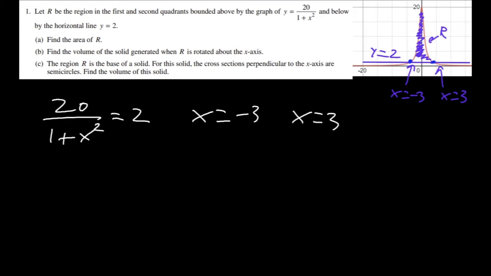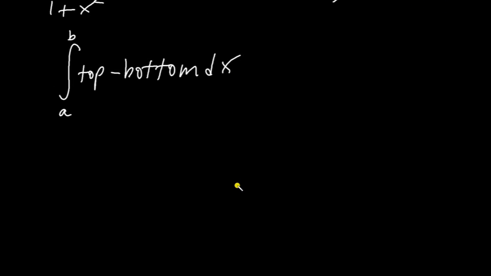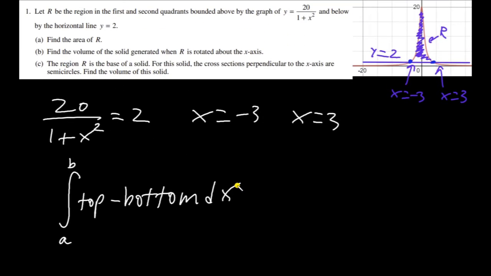Now we can simply use the formula for finding the area, which is the integral from a to b of the top minus the bottom dx. What is top and what is bottom? Top is the top curve and this is the bottom curve.